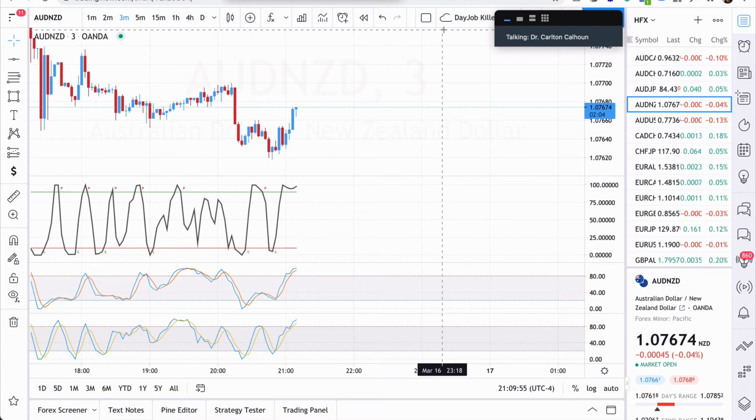All right, that's still pushing up. It's forming a potential evening star.